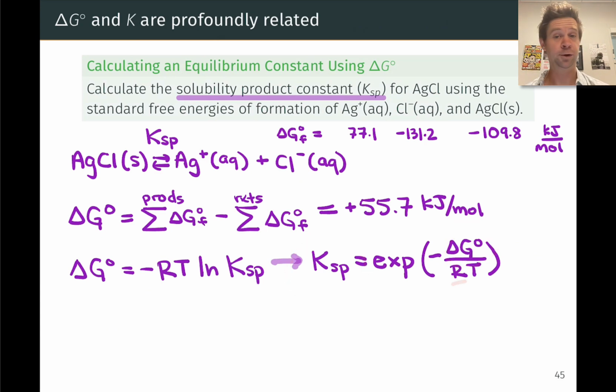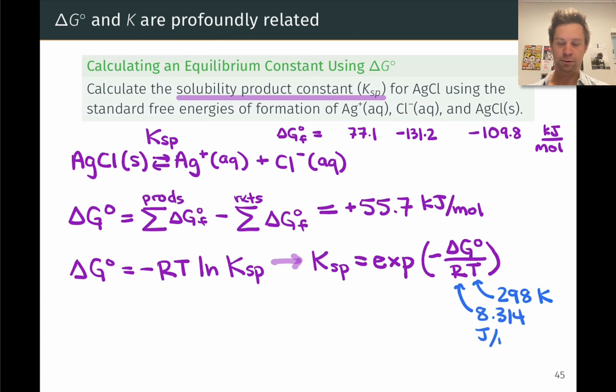R here is going to be our usual 8.314 joules per mole per Kelvin. And the temperature here, we're going to assume is just 298 Kelvin, a pretty standard temperature. Let me just note, this should be 8.314, with the usual units of joules per mole per Kelvin.